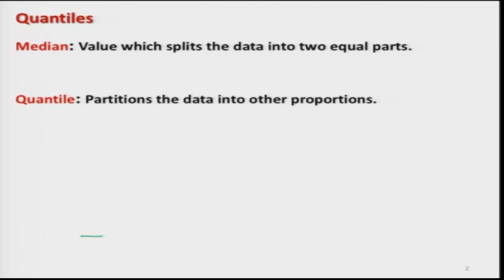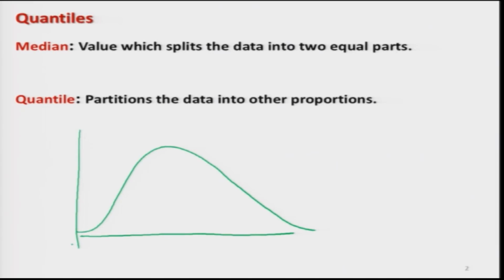So, quantiles are the values which try to divide the frequency distribution into different partitions. In case I try to plot the frequency distribution like this one, then we have understood that if I divide it into two parts, this is called the median.